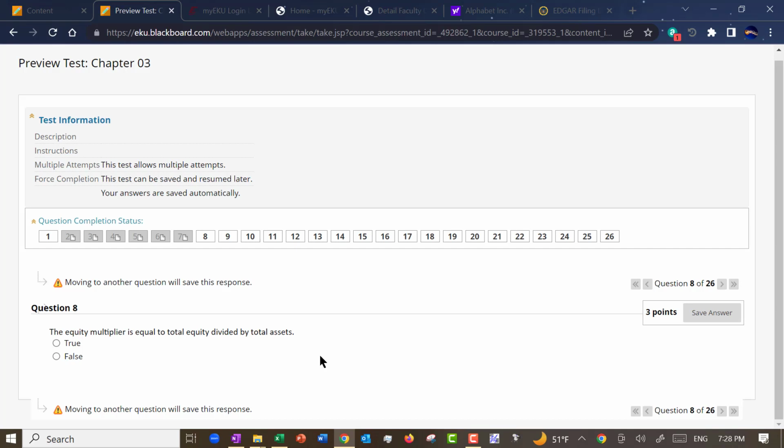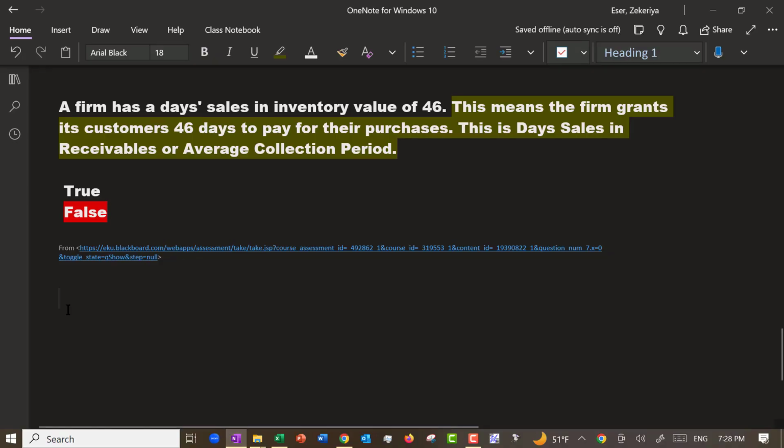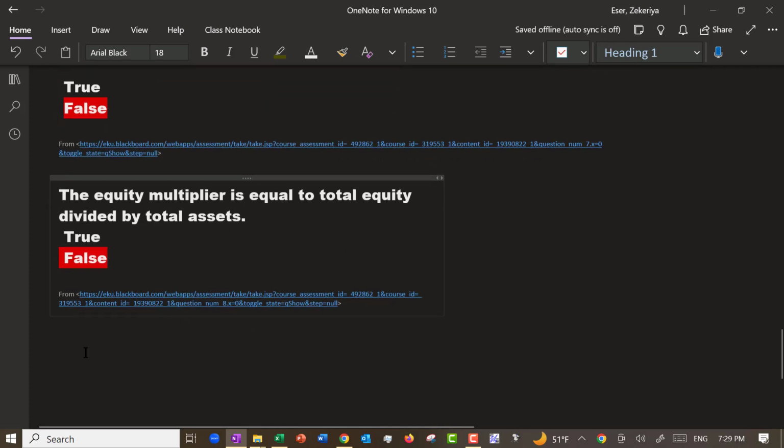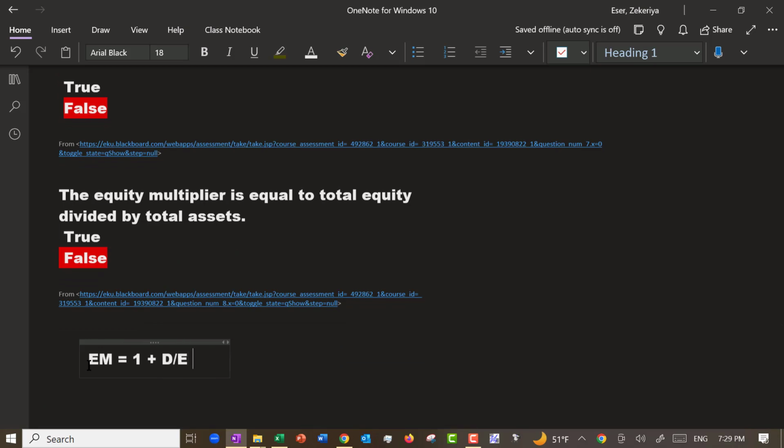That is incorrect because EM is 1 plus total liabilities over total equity, or total equity plus total liabilities over total equity.